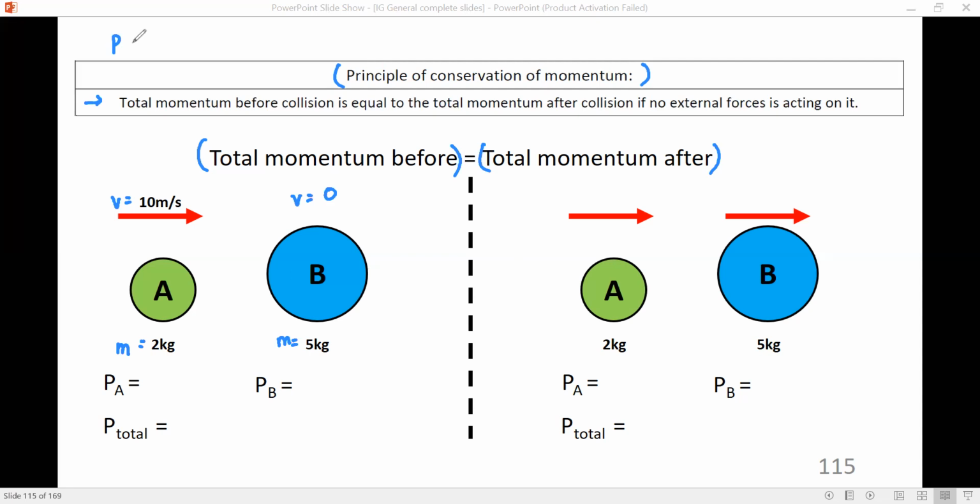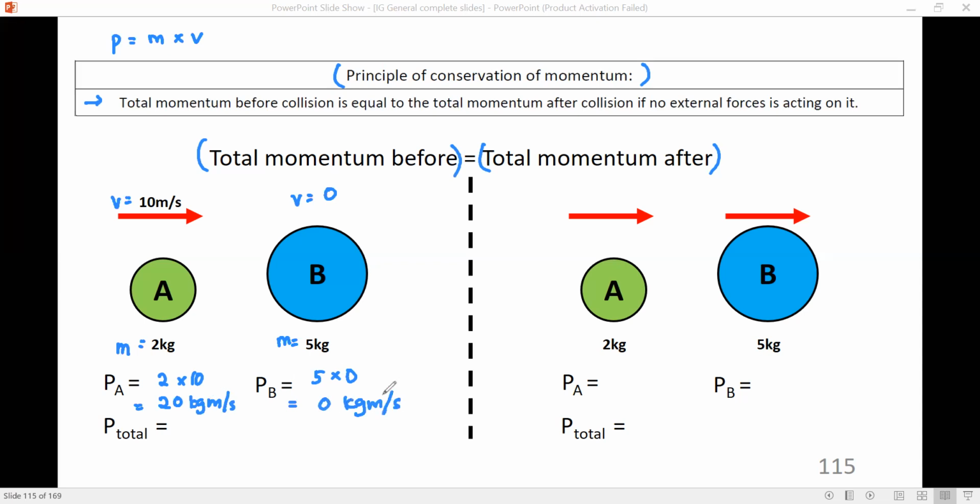Remember, the formula is M times V. For A, M is 2, V is 10, so the momentum for A is 20 kg meter per second. And the momentum for B is 5 times 0, so the momentum is 0 kg meter per second.